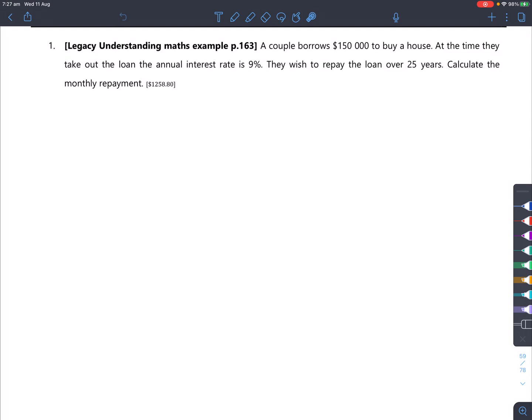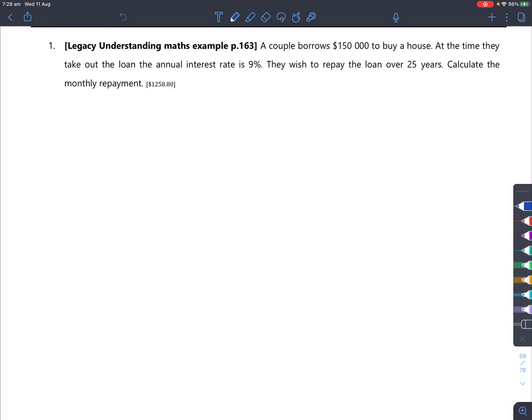First of all, we've got to find out what A value we have to arrive at the end. Because this repayment is made monthly, it will be a good idea to find out everything else in terms of months.